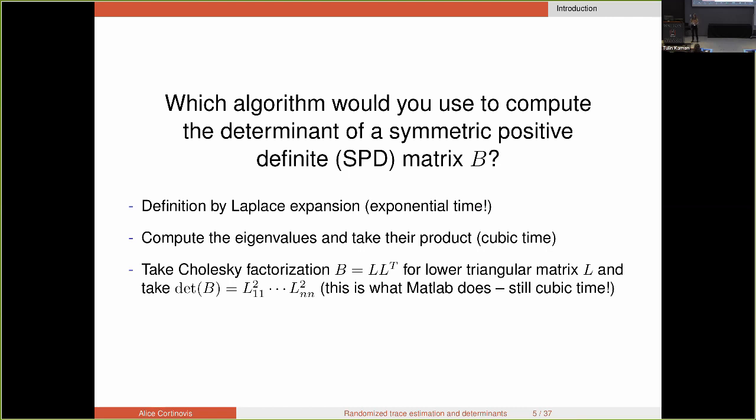The technique of randomized trace estimation addresses the problem in a different way, in a cheaper way, but only gives you an approximation of the determinant. For the application I mentioned before, they were happy with an estimate of the determinant with, say, 1 or 2 digits of accuracy.